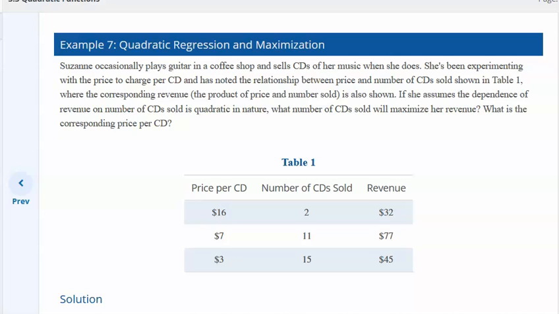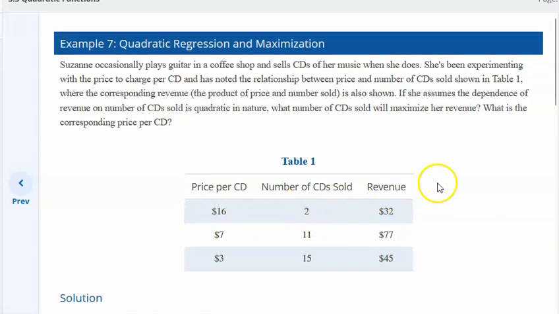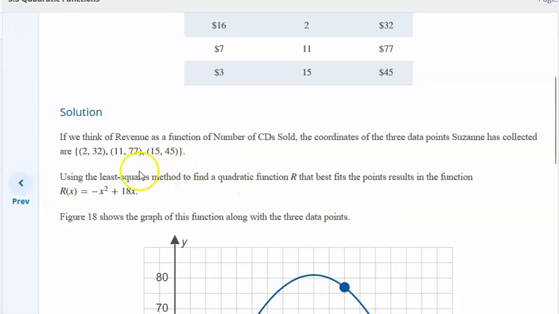So in example 7, pause to read it. Okay, well, these are some of the data that she shows, which can be put into ordered pairs, which then can be put into an equation, of which we get this. So to find the maximum from this equation, let's pick it up here.